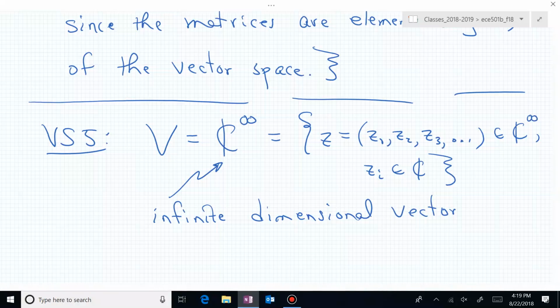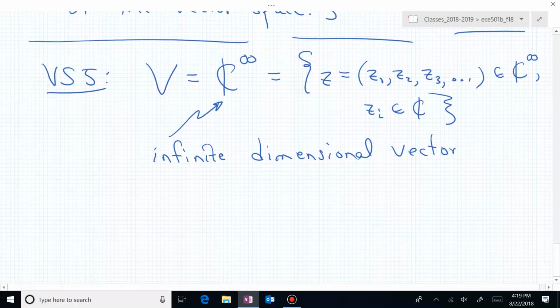Is that particular proposed vector space closed under addition? Is it closed under scalar multiplication? And I hope you can see how you can combine, with vector addition, vectors that belong to this vector space. It's just component-wise addition again. That's vector space number 5.